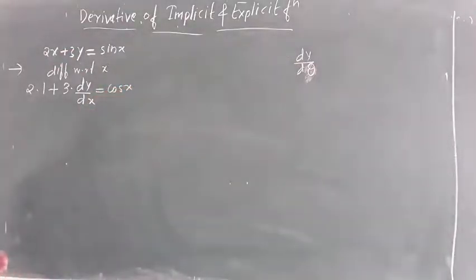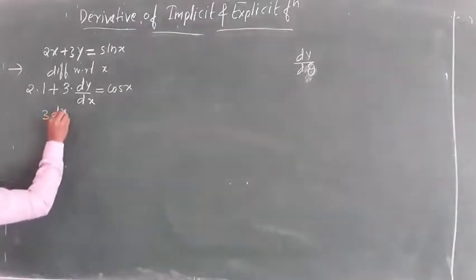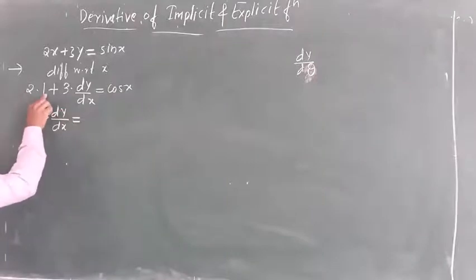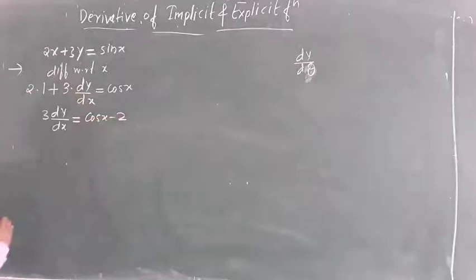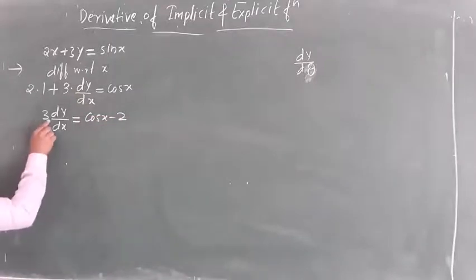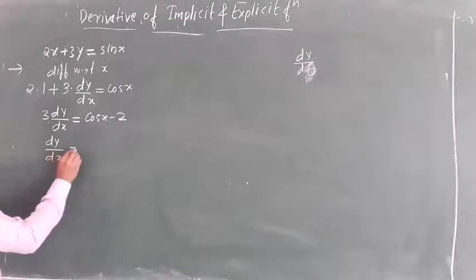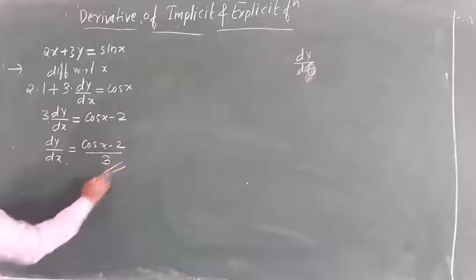Our intention is to calculate dy by dx, so simplify for dy by dx. 3 into dy by dx is equal to cos x minus 2, since 2 transferred to the other side becomes minus 2. Now 3 is multiplying, so transferred to the other side it divides. So dy by dx is equal to cos x minus 2 divided by 3. This is your answer.